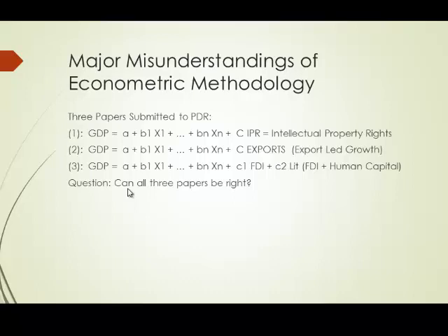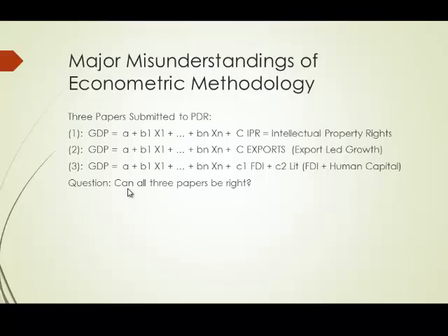So now the first question that I would like to ask is, can all three of these authors be right in their interpretations? I actually asked this at one interview we were conducting for lecturers and professors of Econometrics, and the person was a teacher of Econometrics courses, and he said yes, this is the standard.